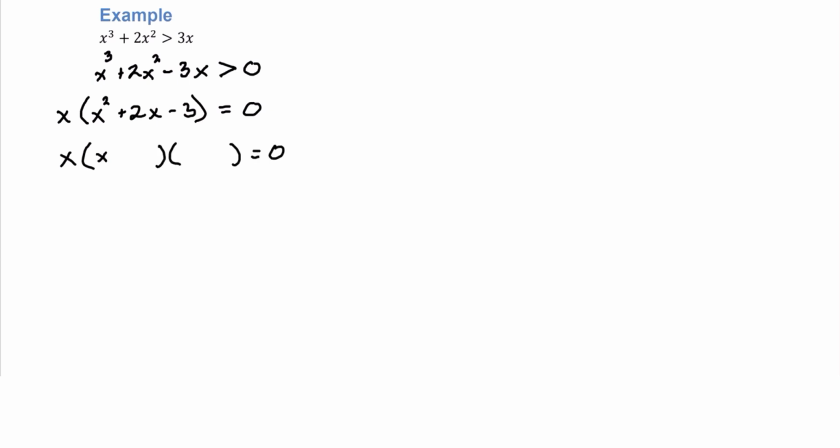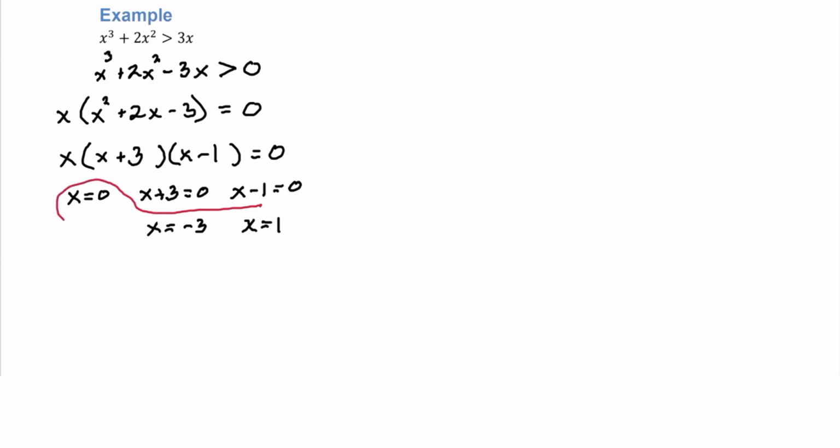We have two numbers that multiply to -3 and add to 2: 3 and -1. From here we just set each of those factors equal to 0 and solve these equations independently. X is 0, x is -3, and x is 1.